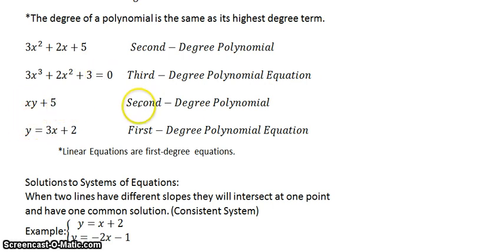In the next one, that's a 2nd degree polynomial because when you add the exponents of the x and y, it makes 2. And then the last example is a 1st degree polynomial equation because x has a degree of 1 and y has a degree of 1, or an exponent of 1 each. So linear equations are 1st degree equations.